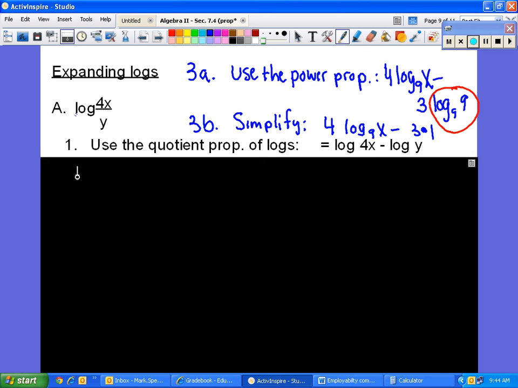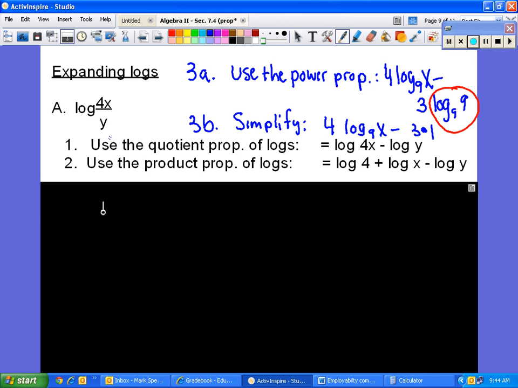The quotient property is taking subtraction and turning it into division, or like we did here, taking division and turning it into subtraction. Which of the 3 properties deals with multiplication? The product property. So log of 4x becomes log of 4 plus log of x.